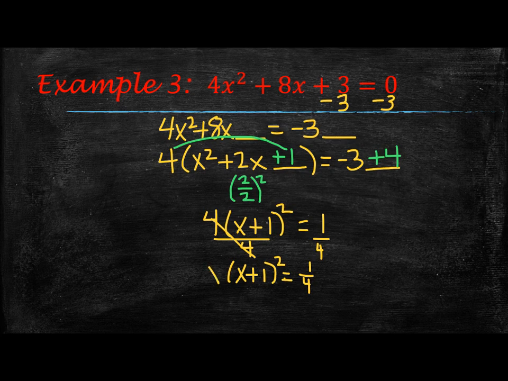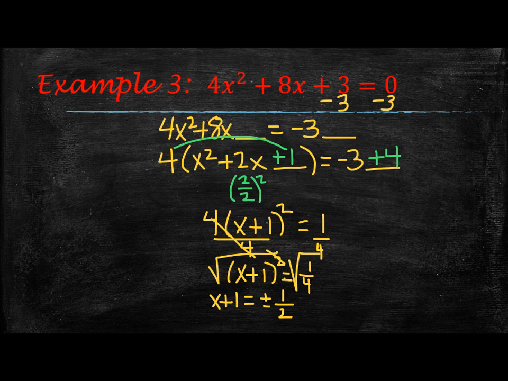Okay, now when you take the square root, we're going to be taking the square root of a fraction, so x plus 1 equals, now when you take the square root of a fraction, you can square root each number, the numerator and the denominator. So the square root of 1 is just 1. Now we're going to go ahead and put our plus or minus. The square root of 1 is 1, so on top I'll have 1, and in the denominator the square root of 4 is 2.